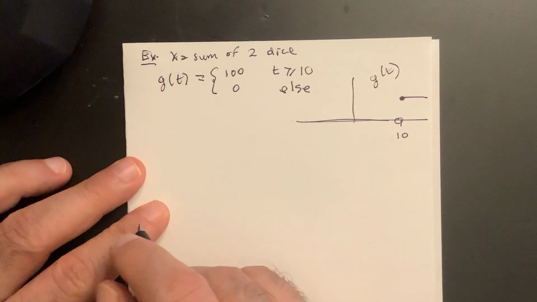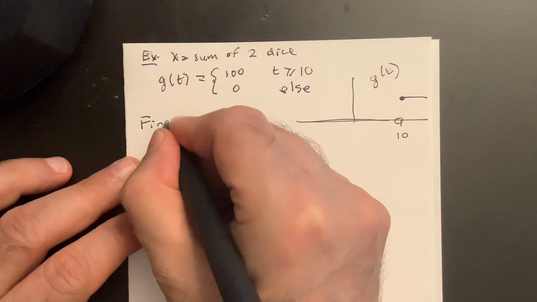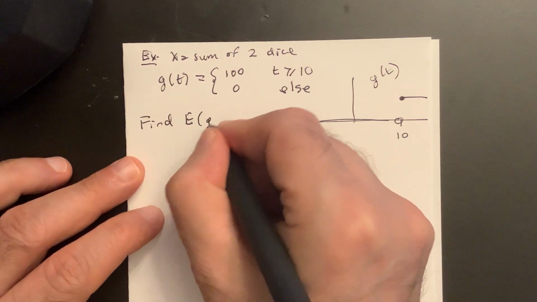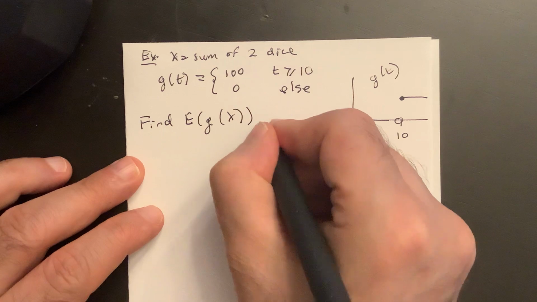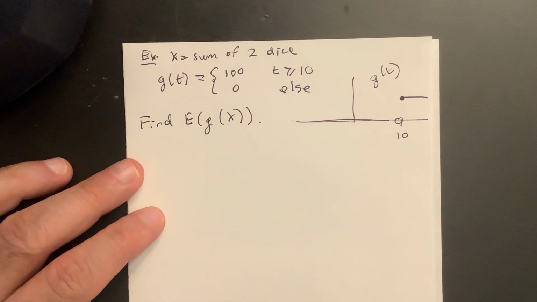All right, so we want to find E of g of X. Well, there's two distinct ways.